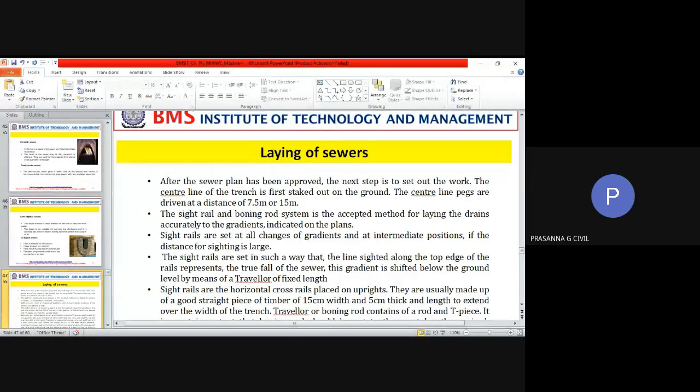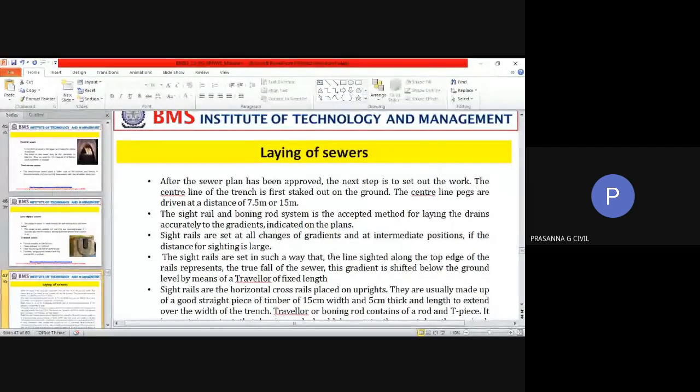So I hope all of you have become very clear with what is the expression that can be used to calculate the quantity of stormwater flow, how the coefficient of imperviousness can be calculated based on the type of cover that particular area is having.